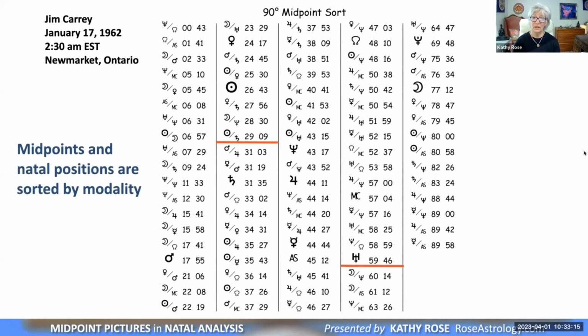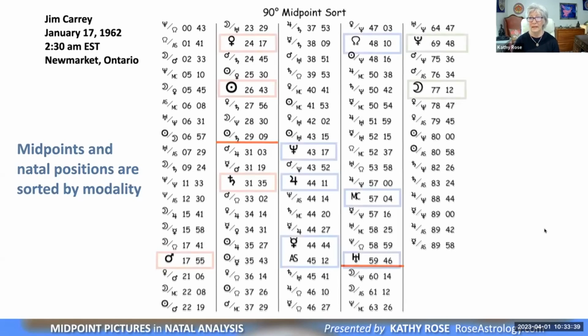But just looking at the structure, from 30 degrees to 59°59' are all the planets and midpoints in the fixed modality. And then from 60 degrees to 89°59', all the planets and midpoints and angles in the mutable modality. Cardinal, fixed, mutable.